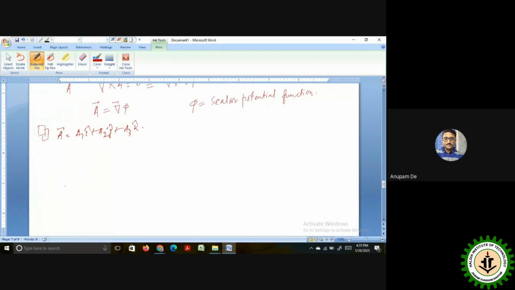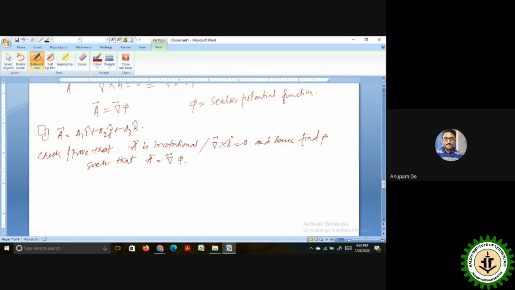A vector will be given in this way, and you will be asked to check or prove that A is irrotational, or prove that curl of A equal to 0, and hence find phi such that A equal to grad of phi.